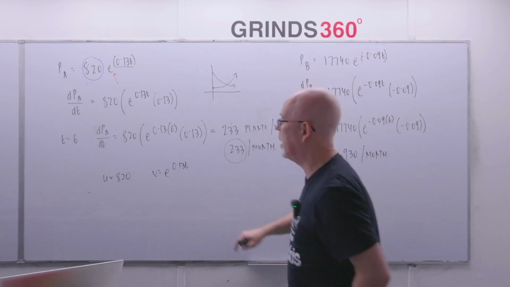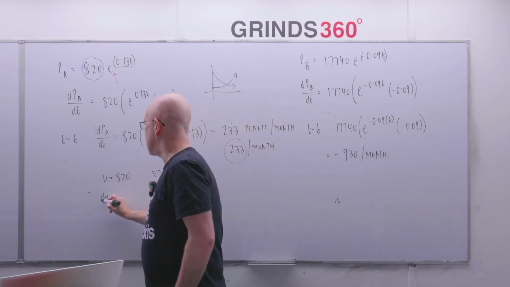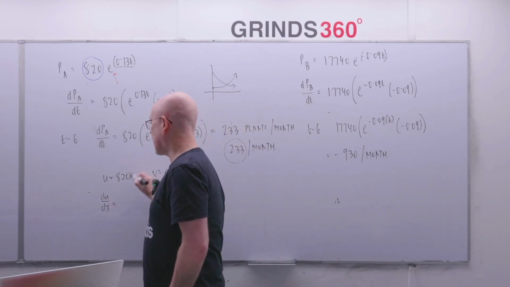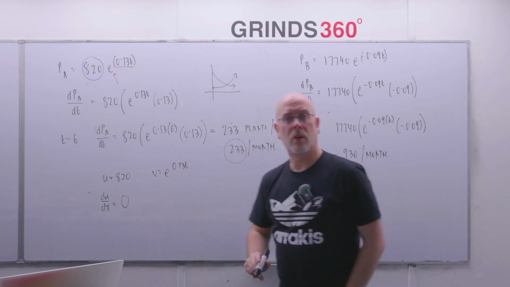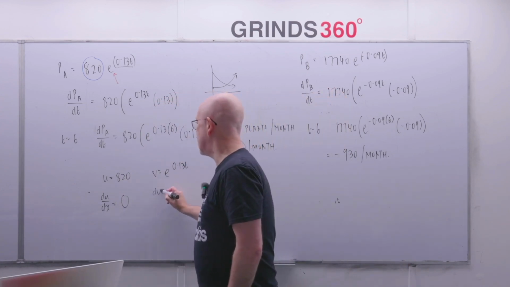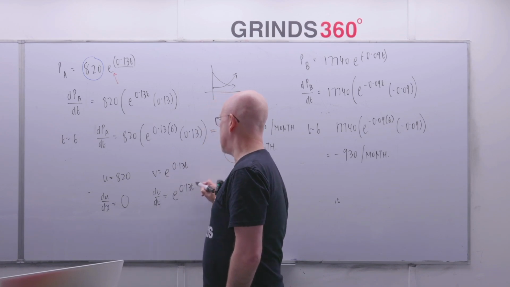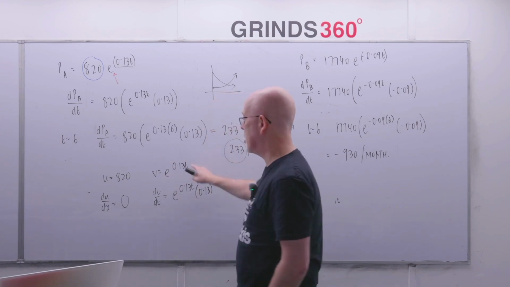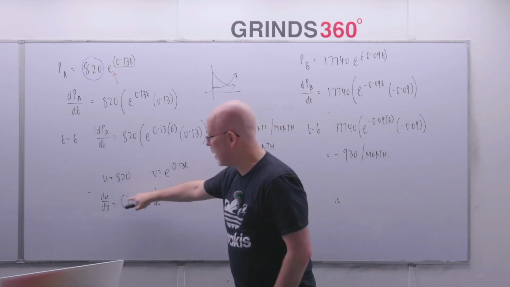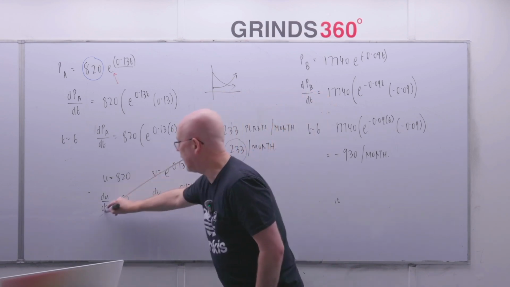Now, if you did use the product rule here, what happens when I differentiate 820? It's a constant, I get 0. And what do I get if I differentiate this here? Well, when you use your chain rule there, don't you get e to the power of 0.13t multiplied by 0.13? Remember, you just multiply by the derivative here. So when you multiply these two together, they'll disappear because 0 by anything is 0.